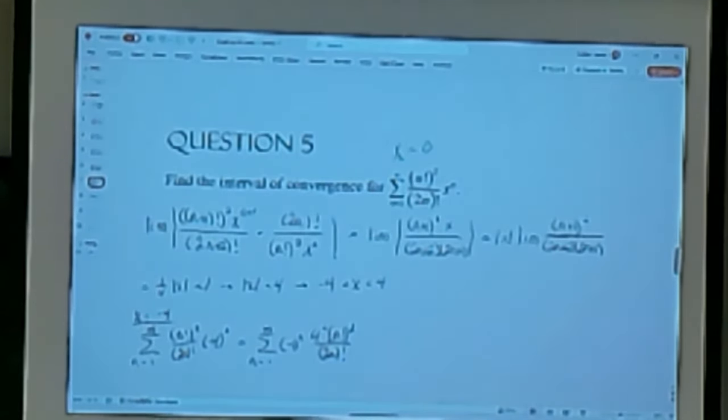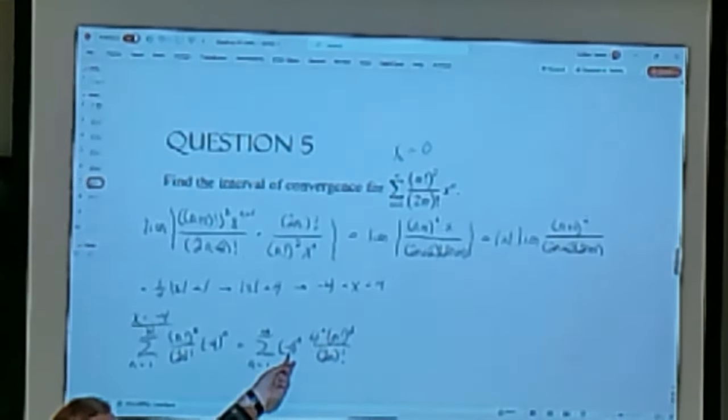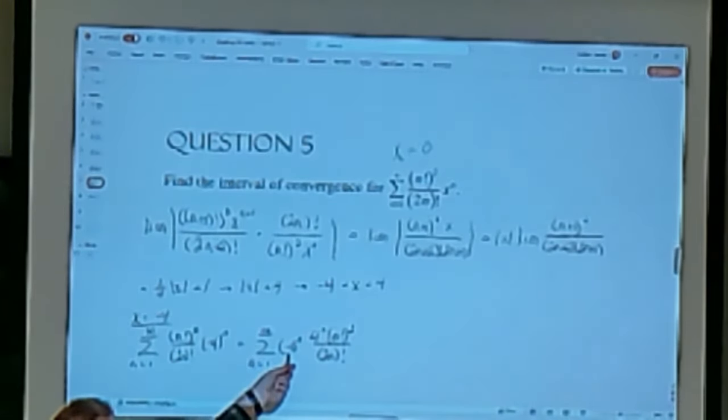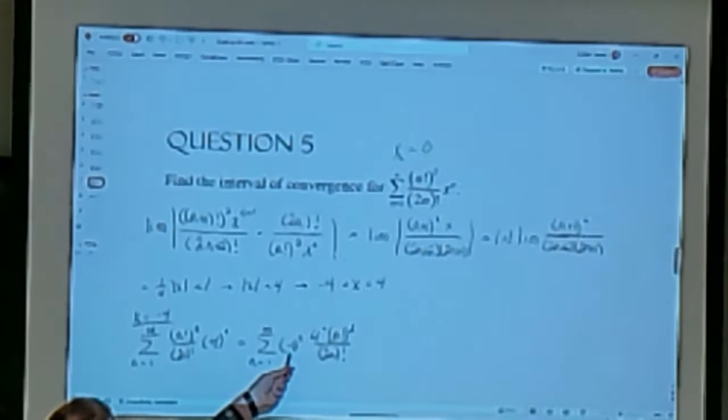Again, it's not even close. Which means that this limit goes to infinity. But it alternates. So the magnitude is increasing without bound, and then it keeps jumping positive to negative, positive to negative, positive to negative. The limit does not exist.